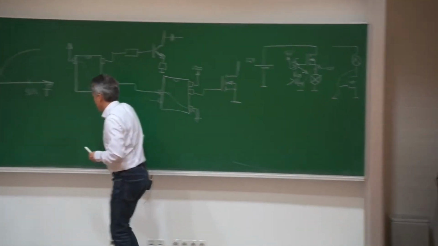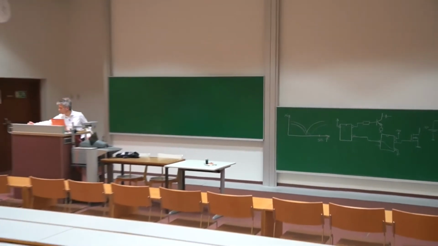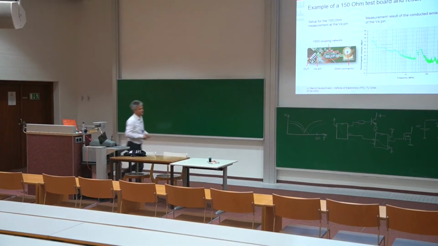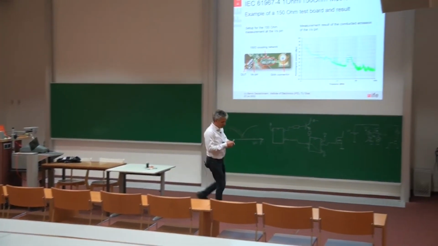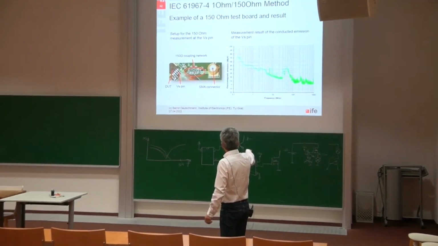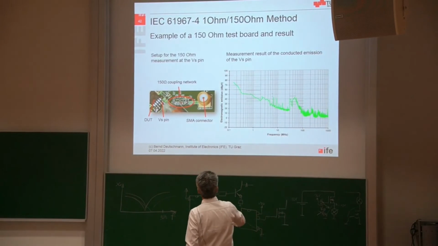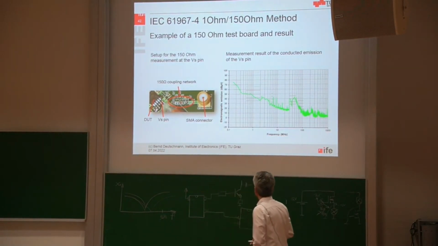Okay. And now let's come to the reason why we have some spikes coming out of my electromagnetic emission, and we will come to the generation of the electromagnetic emission on the next presentation.